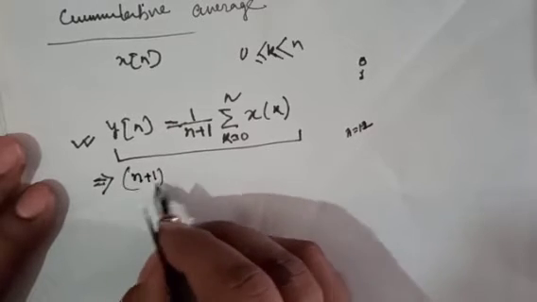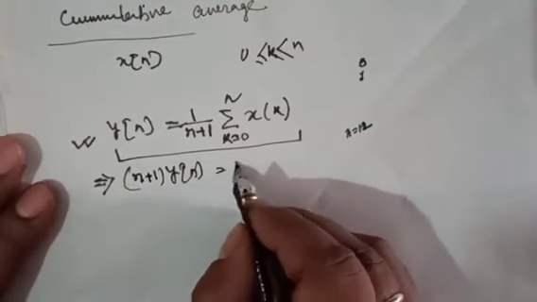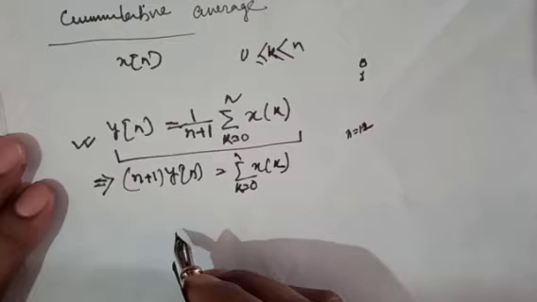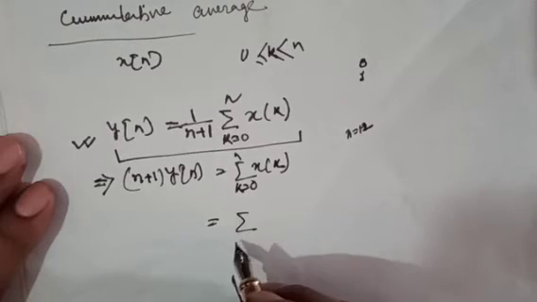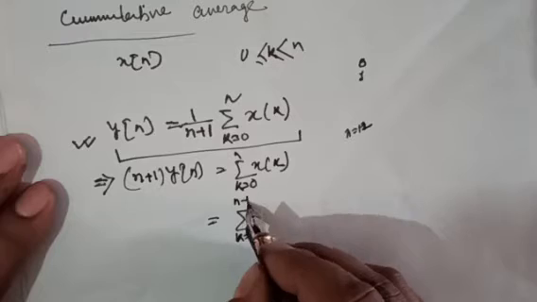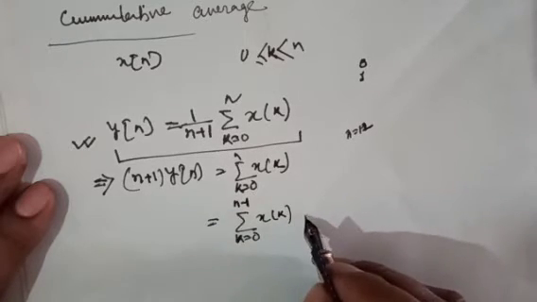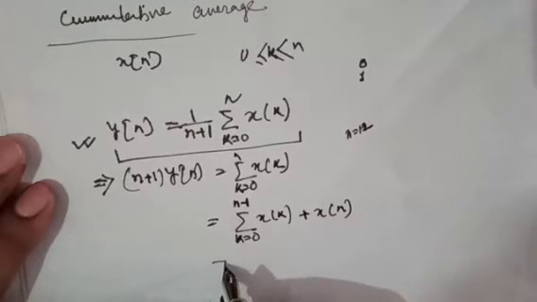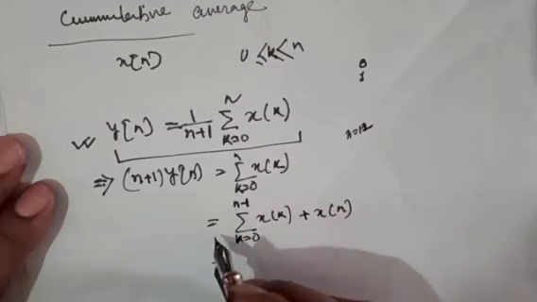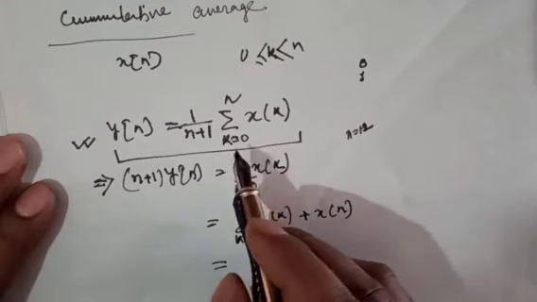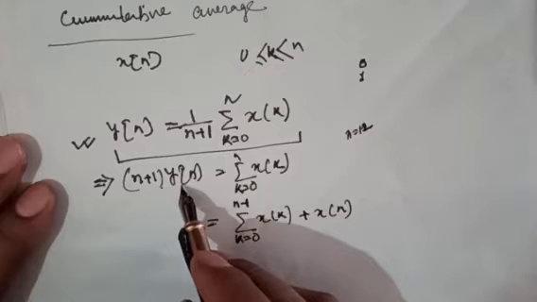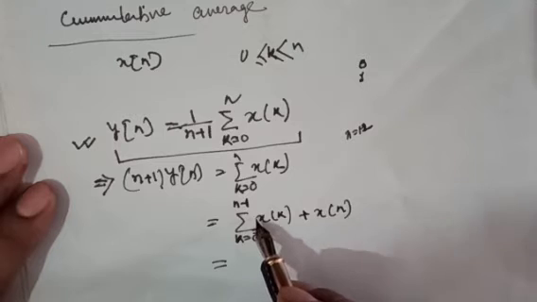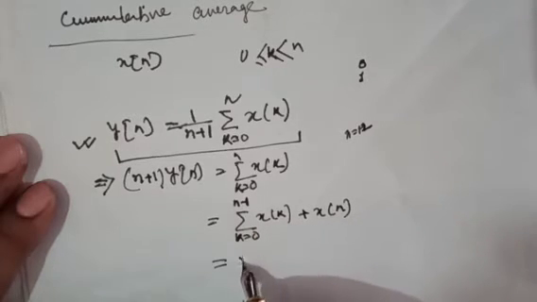So (n plus 1) into y of n is equal to summation over k from 0 to n of x of k. Now if we write it as summation over k from 0 to n minus 1 of x of k, then what will be the last term? One term is left behind, that is x of n. So this particular term, how can you write it? When it was (n plus 1) into y of n, it was 0 to n. So when it is 0 to n minus 1 of x of k, it will be n into y of n minus 1. Again let me tell you, when (n plus 1) into y of n, it is 0 to n of x of k.